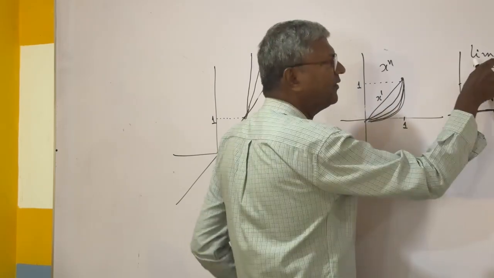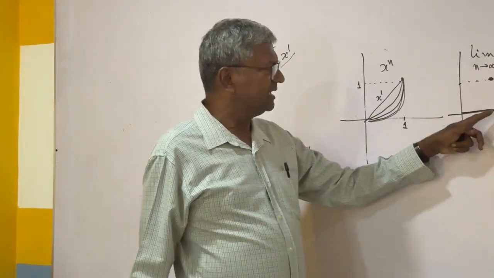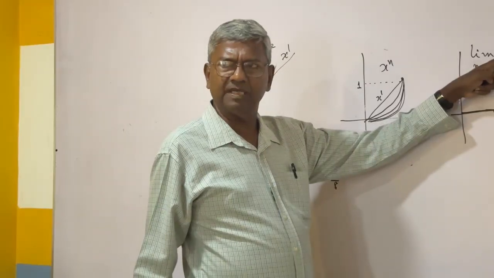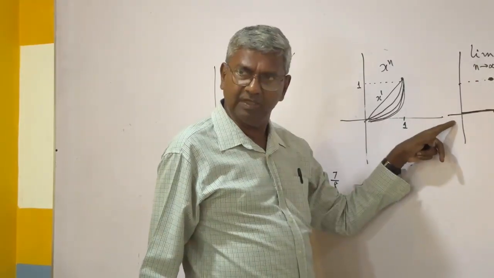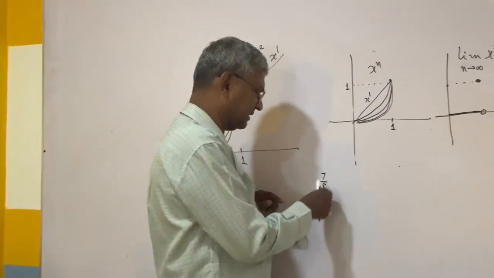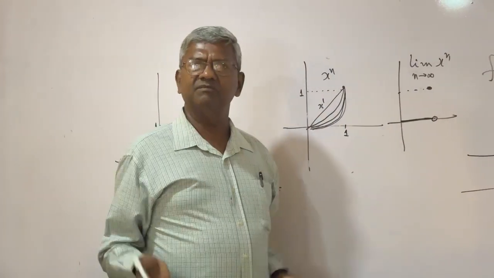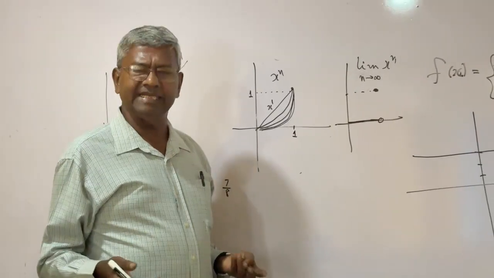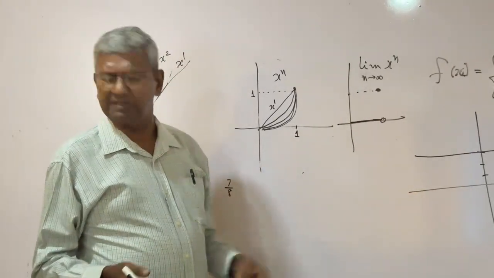This is the graph of the limit of x to the n as n tends to infinity. At the point 1 it is always 1, so the limit is 1. But if it is less than 1, I took a number such as 7 over 8 to the n, the bigger the n, the closer 7 over 8 to the n is to 0.